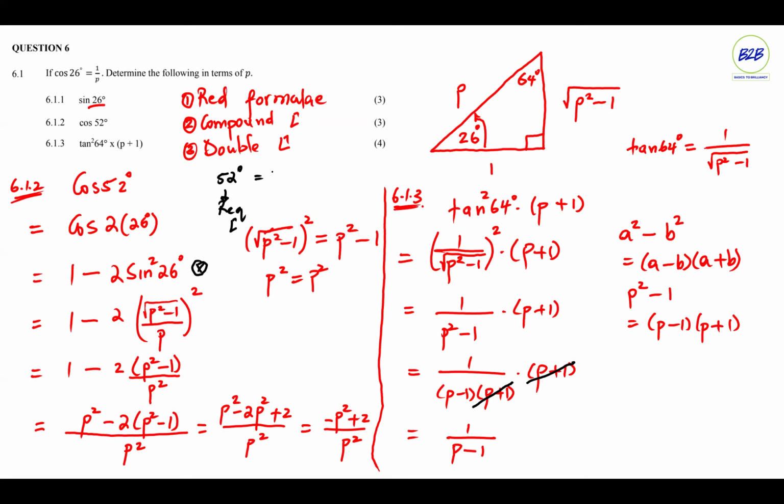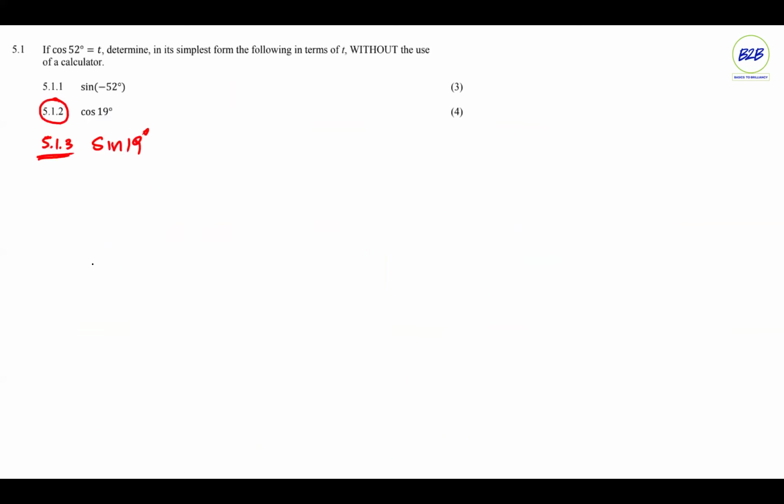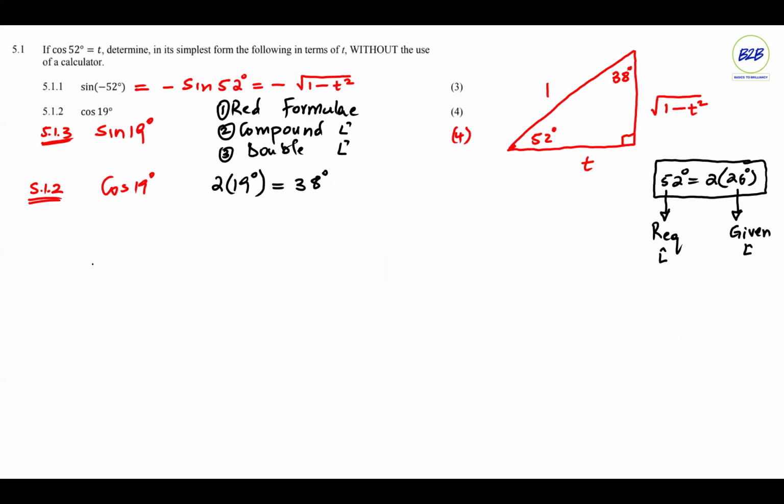We multiplied a given angle, which is 26 degrees. And we used this method in 6.1.2, a straightforward or a forward double angle method. But now it's different. How is it different? We are multiplying by 2 the required angle to get the given angle.